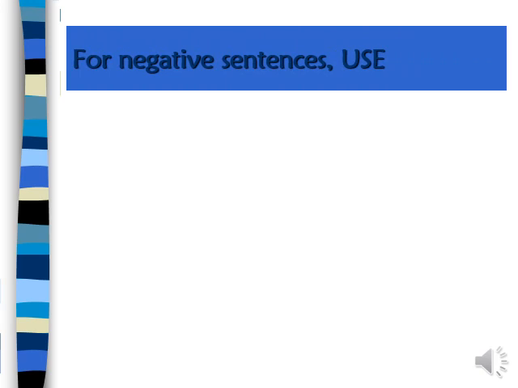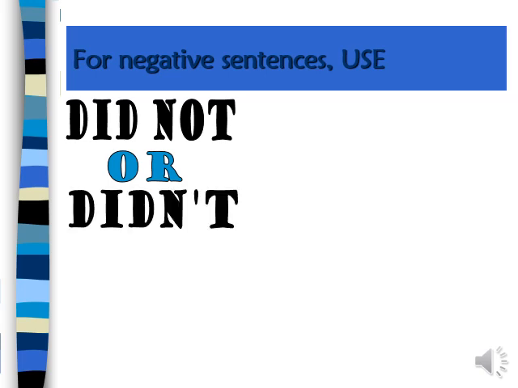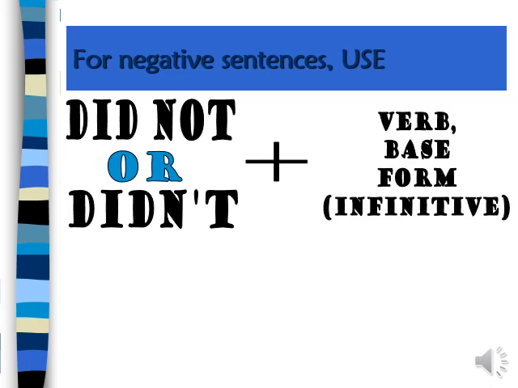For negative sentences, we use did not. Or, perfect, didn't. This is the short form, didn't, followed by the verb in base form, infinitive. All of them have the same meaning. This means we use verb 1 without any change, the base form of the verb.